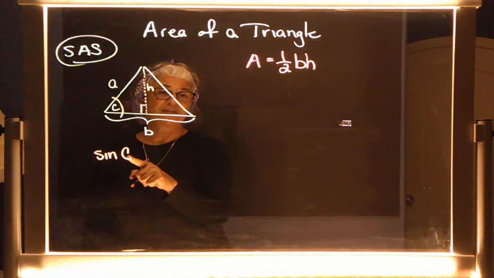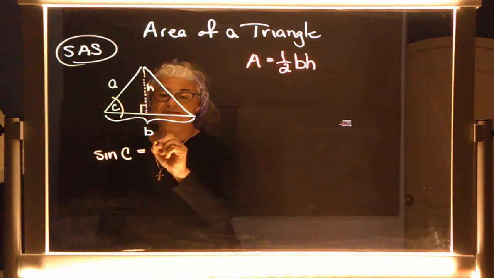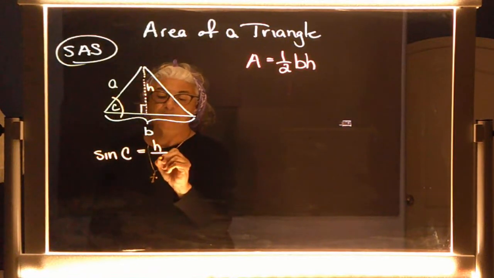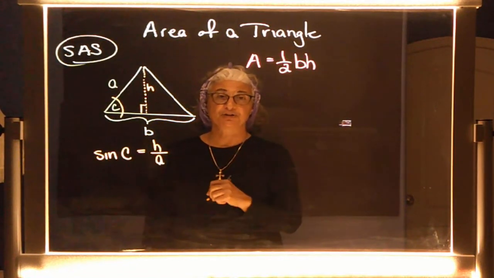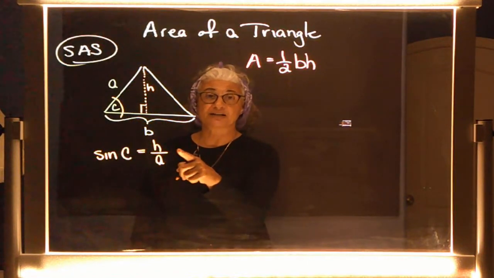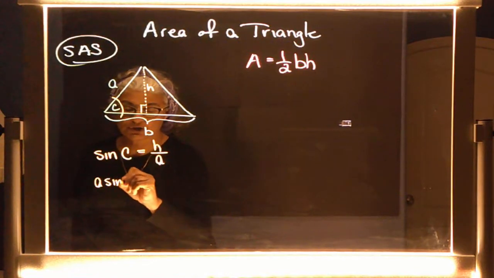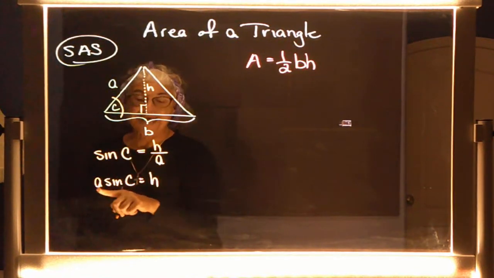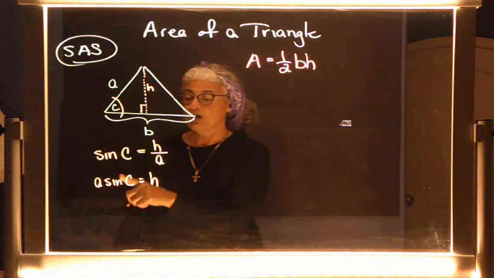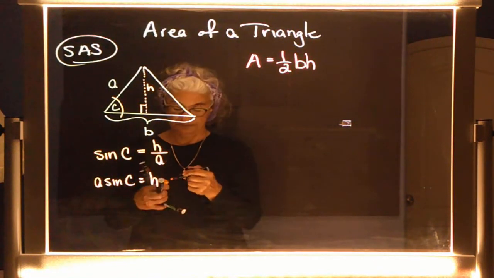So if I try to find the sine of angle C, wouldn't that be the side opposite of C divided by the hypotenuse? Do you agree? Which means I could actually solve for the height, couldn't I? I could get that the height would be equal to A, which was our hypotenuse, multiplied by the sine of angle C. Agreed?